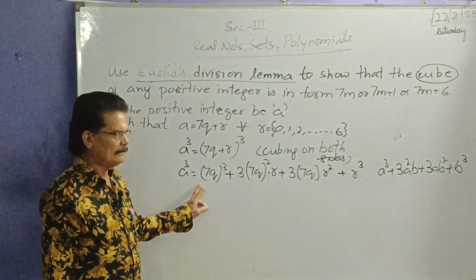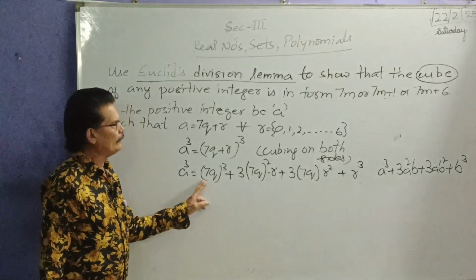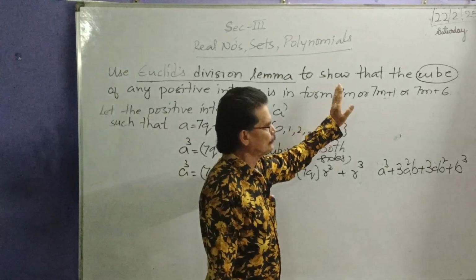Now take 7 common. You have to get it in the form 7 into something.